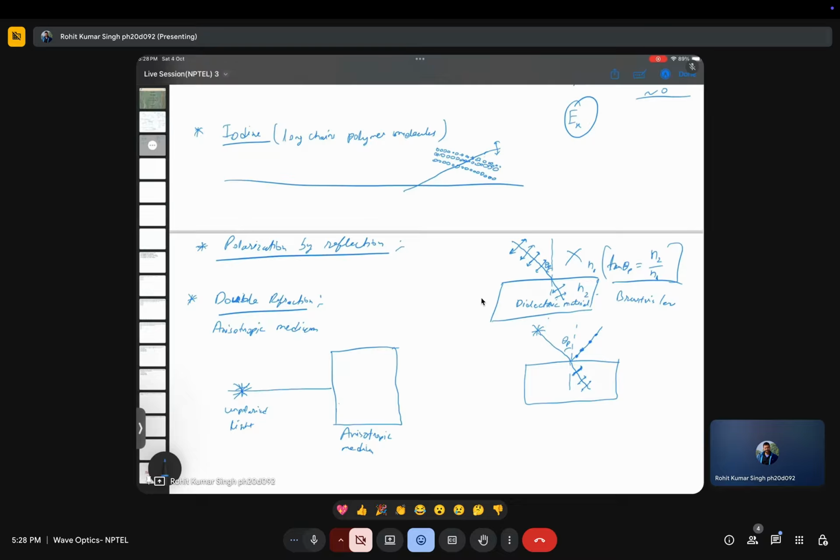You will see that there is one light ray going like this, coming out here like this, but there will be another light going at an angle theta, and then coming out like this.